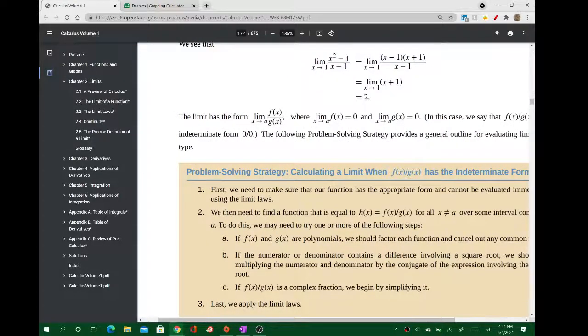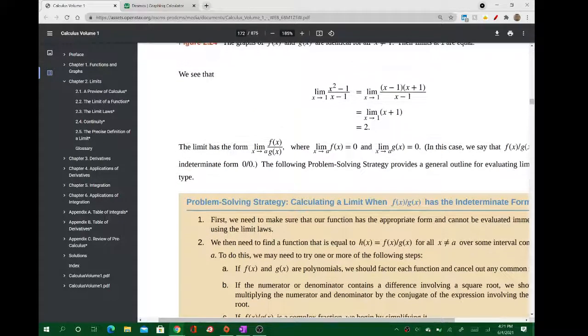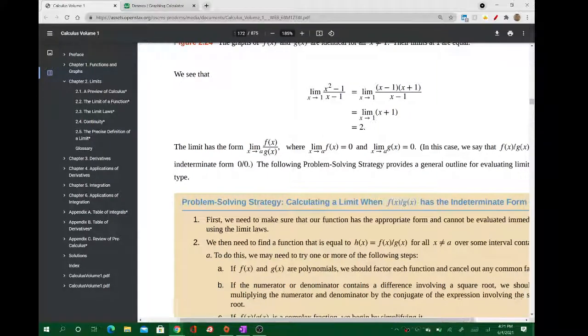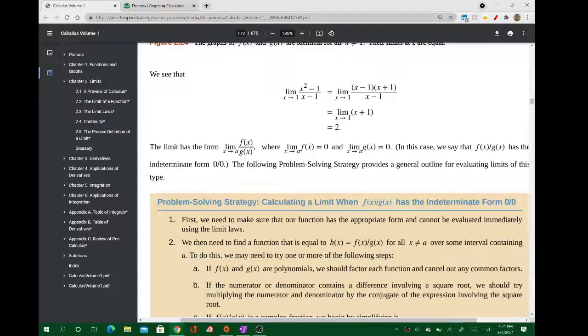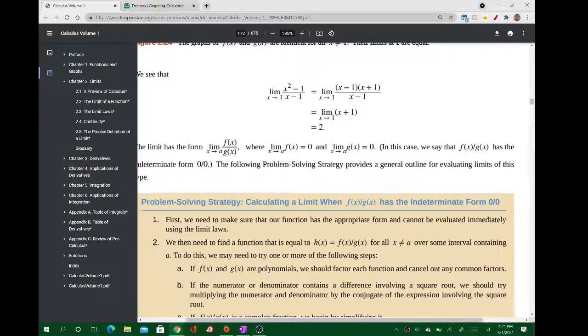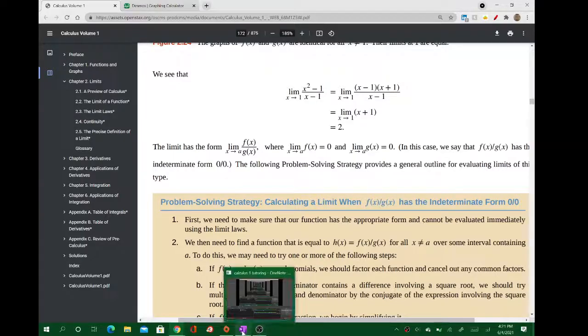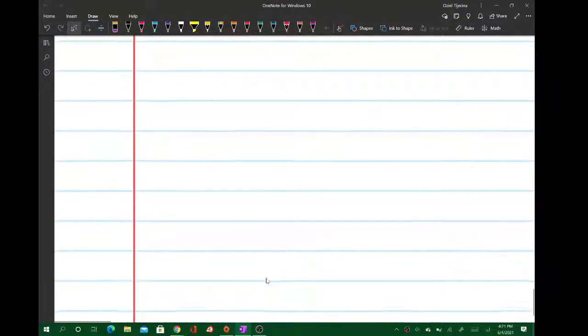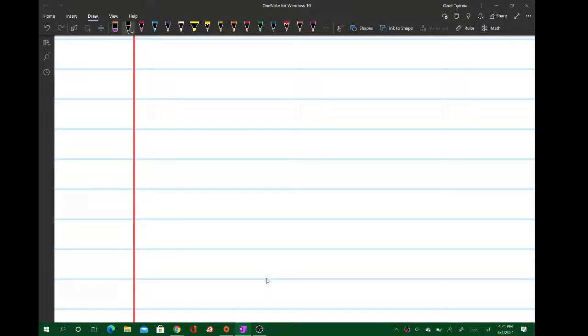So it says the limit has the form the limit as x approaches a of f of x over g of x, where the limit as x approaches a of f of x equals 0, and the limit as x approaches a of g of x equals 0. For example, the limit as x approaches 1 of x squared minus 1 over x minus 1.